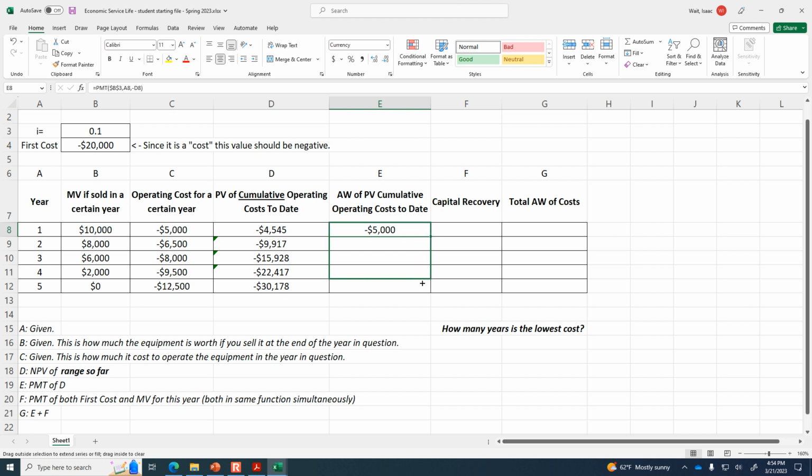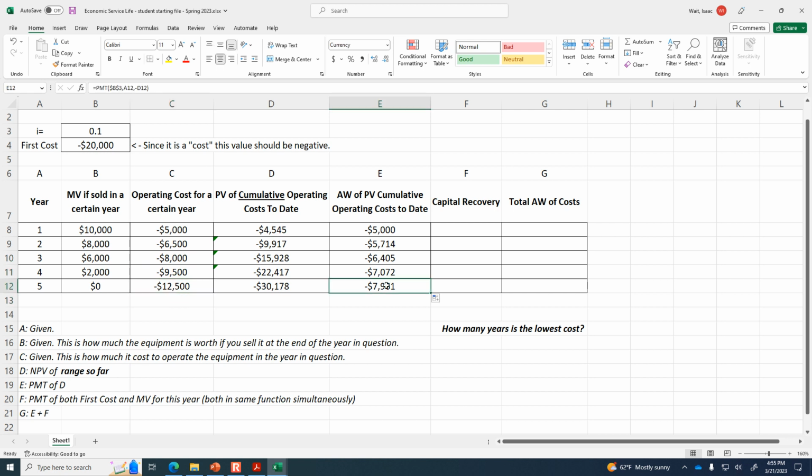But then if you drag it down, what we'll get here is, on an annual basis, the cost of operations and maintenance. So, for example, for year 5, what we're saying is you need to pay $7,961 every year for the operating costs so that you don't have a different amount every year.